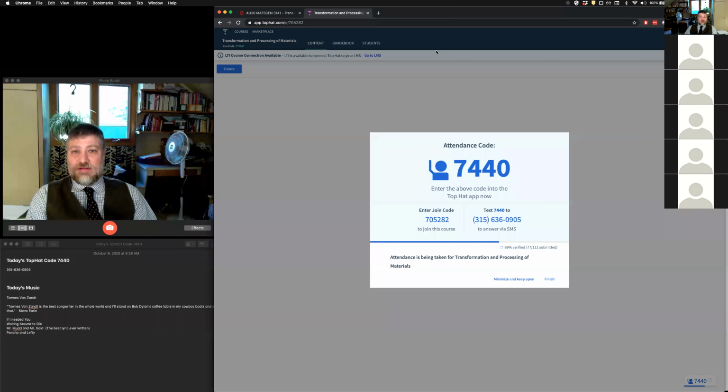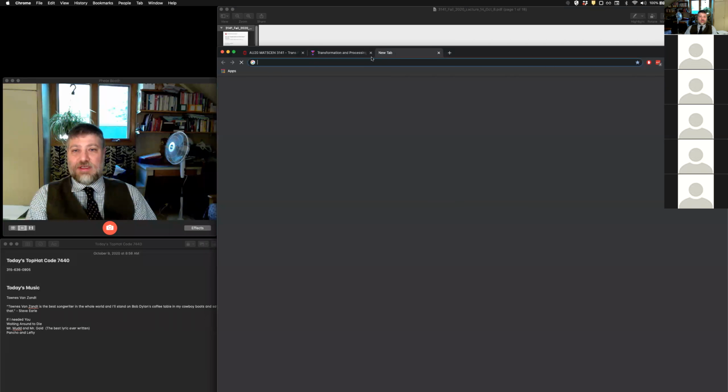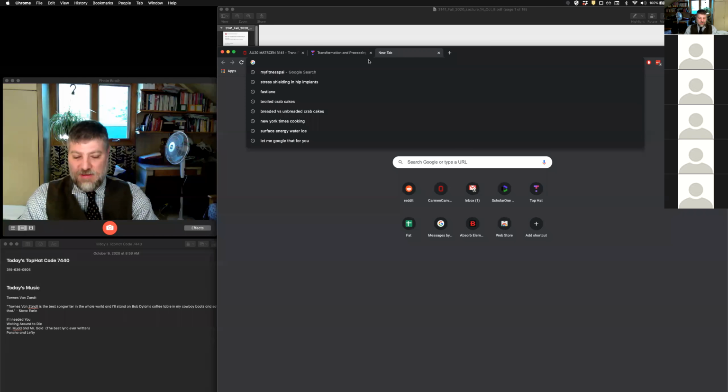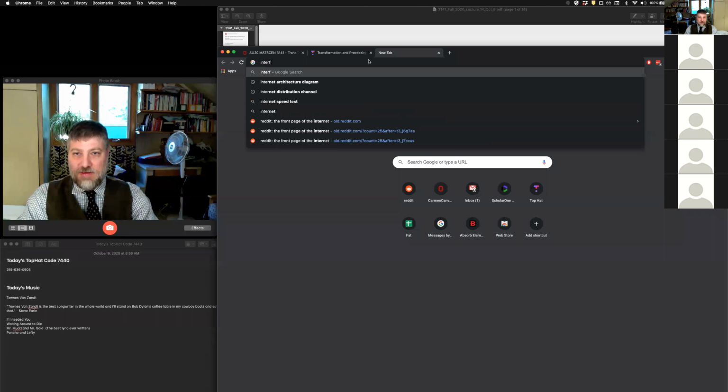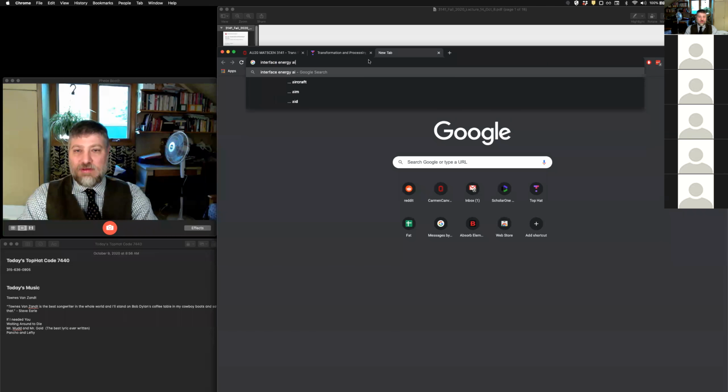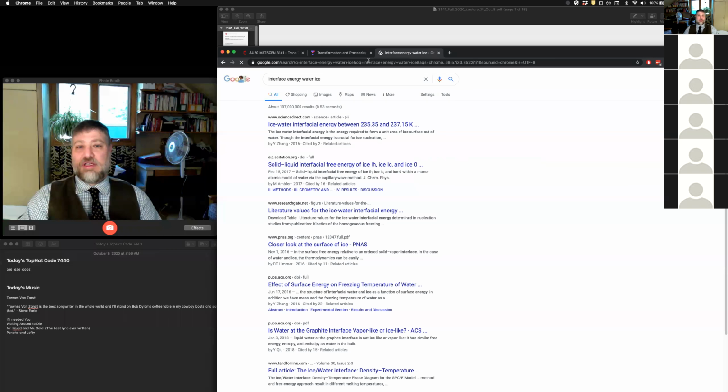For both air and water, it wasn't giving me the values from straight Google, so I eventually used image search or something like that. Just interfacial energy, ice, water, right?